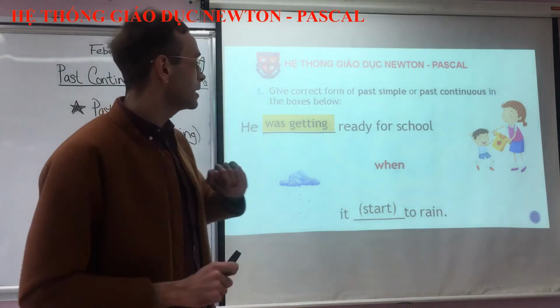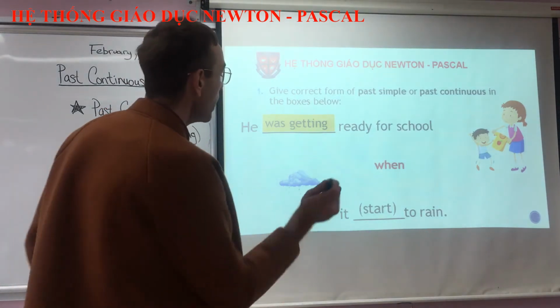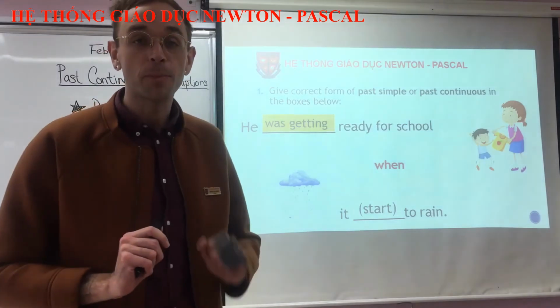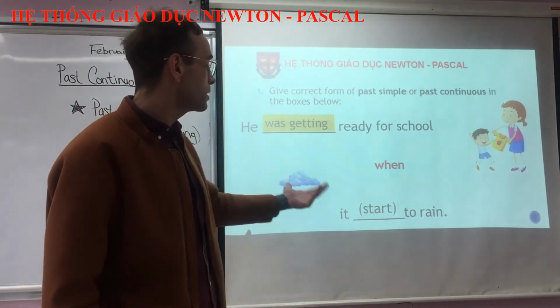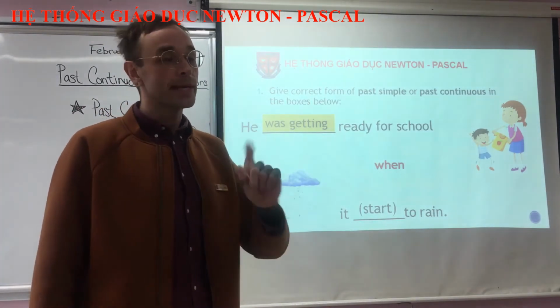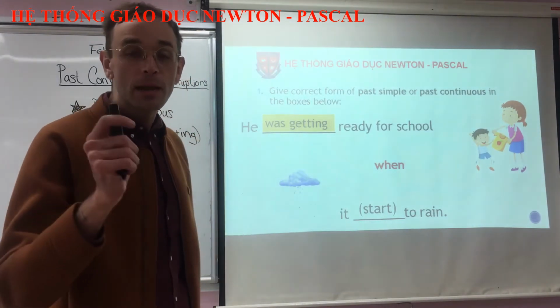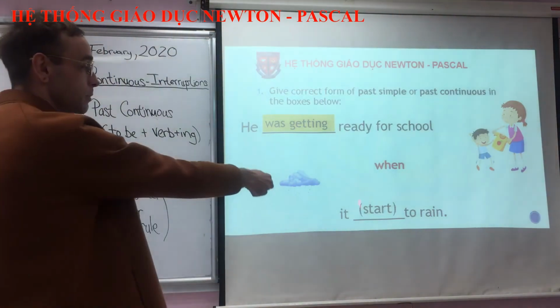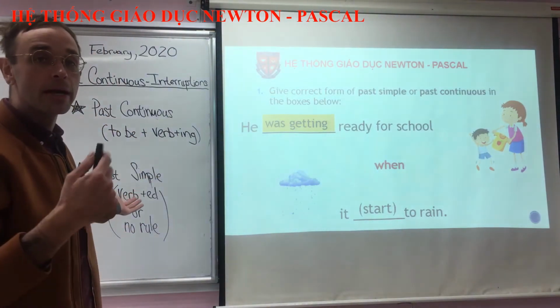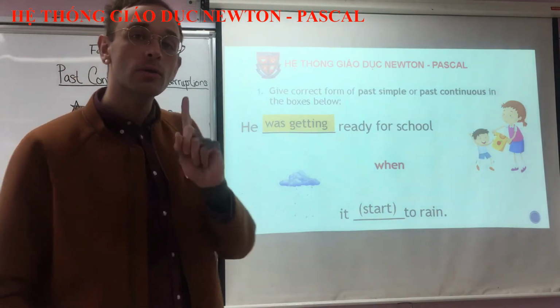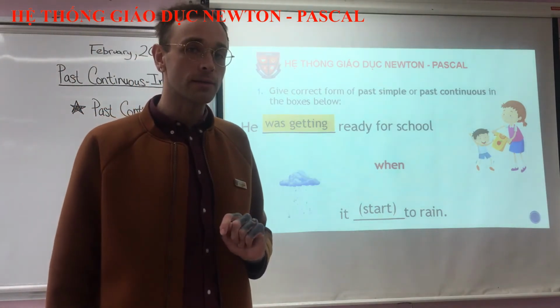So, he was getting ready for school when something happened. What happened? Well, rain happened. It started to rain. But we can't say it start to rain because we must change the verb start into past simple. And how do we do that? Is start regular or irregular?